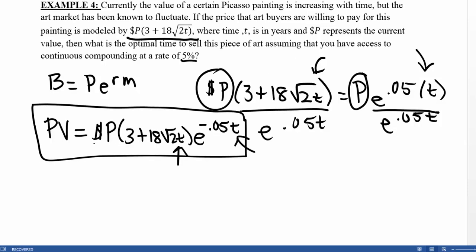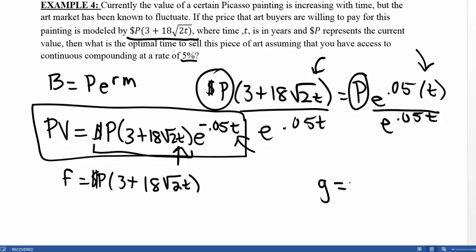Our first function, which we'll call f, is p times (3 plus 18 square root of 2t), and our g is going to be e to the negative 0.05t. Notice that we can rewrite f and turn that square root into a 1/2 power. So 3 plus 18 times (2t) to the 1/2.